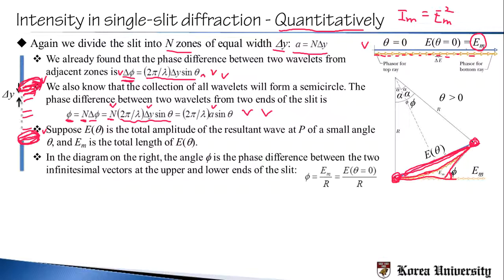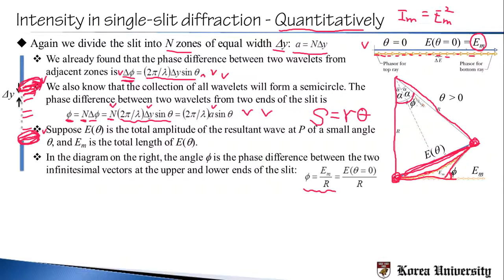Okay. And then because these form an arc, the amplitude we want to know is this one here. In order to figure it out, let's draw the lines for the radius of this arc, just like this. And then we know the relationship between the length of the arc, the angle and the radius: the length of the arc is equal to radius multiplied by the angle of the arc, right? So following this relation, we can say that phi is equal to EM divided by R. Why?